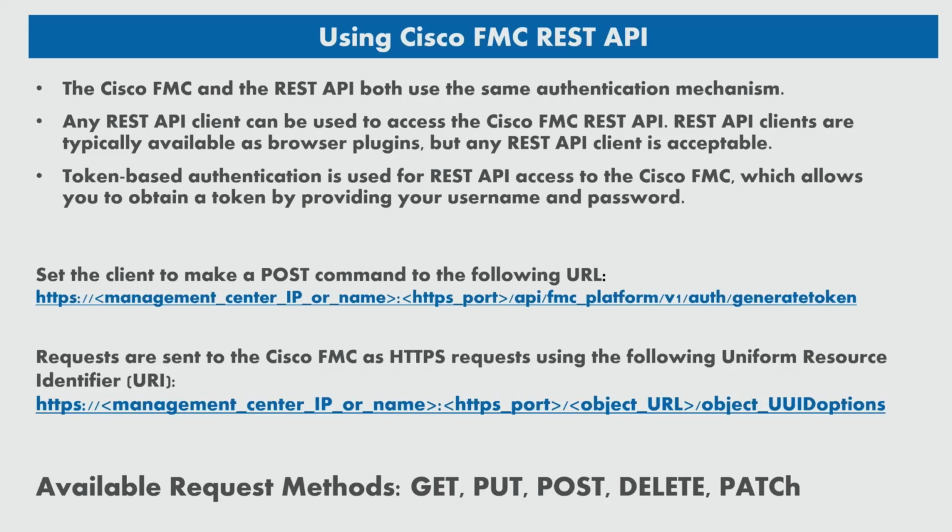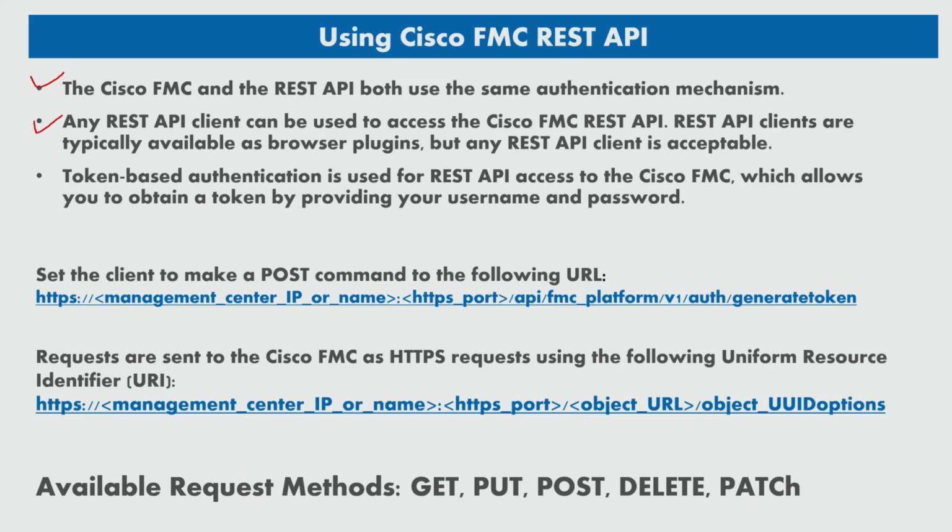The Cisco FMC and the REST API both use the same authentication mechanism. As a result, you'll need appropriate permissions in the Cisco FMC for each function you implement using the REST API. You can log in to the API Explorer with any Cisco FMC account, but you'll only be able to use the functions that the account has access to.